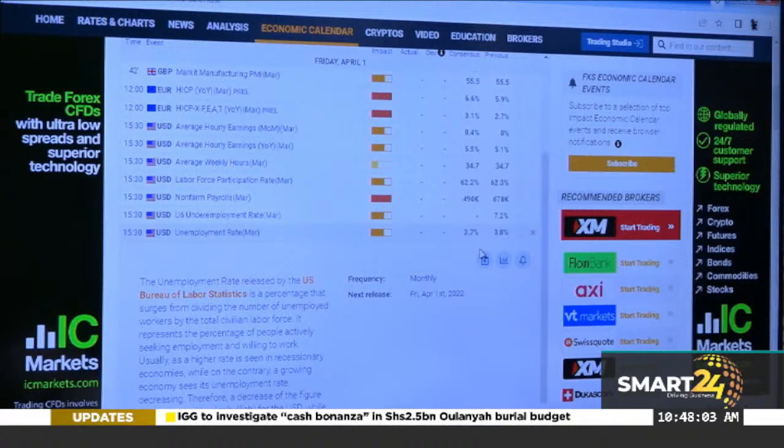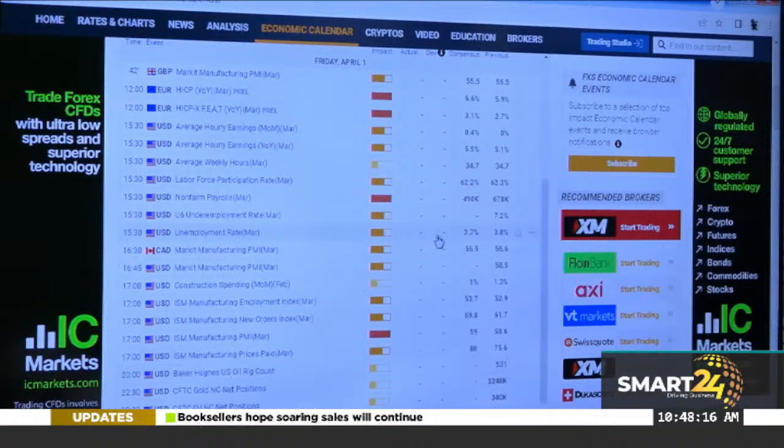Previous figure is 3.8%, and it is expected to reduce by 0.1%, so the consensus is 3.7%. That is expected to be positive. So you can calculate your positives and your negatives, with one monster negative there, the non-farm payrolls.